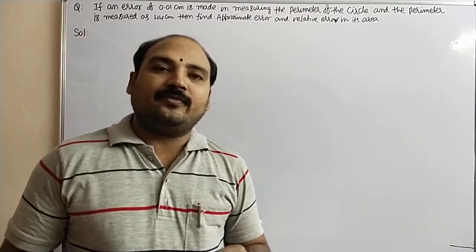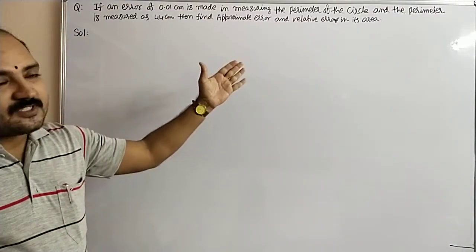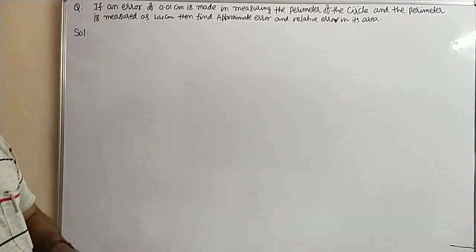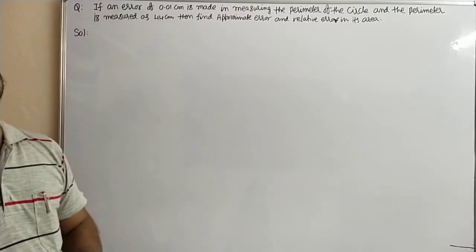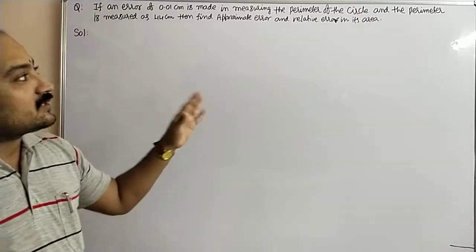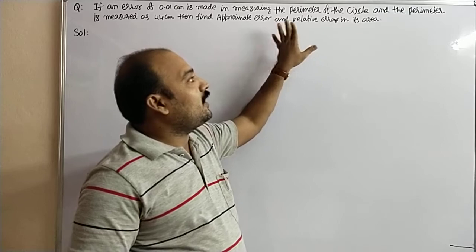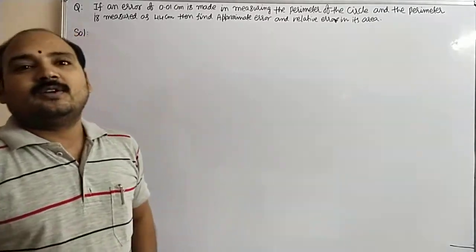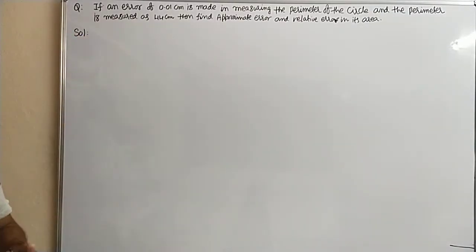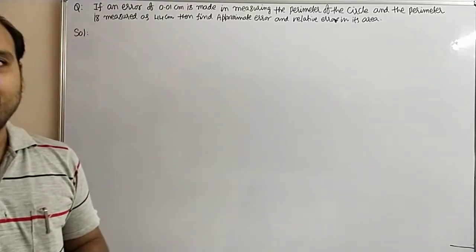Here the perimeter of the circle is given and the error in the perimeter of the circle is given. They are asking to calculate the approximate error and relative error in its area. So delta A they are asking, delta A by A also they are asking.